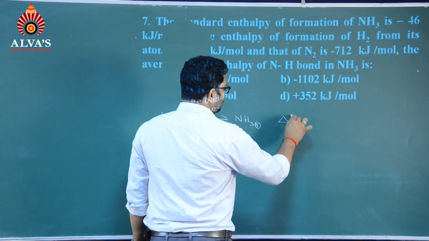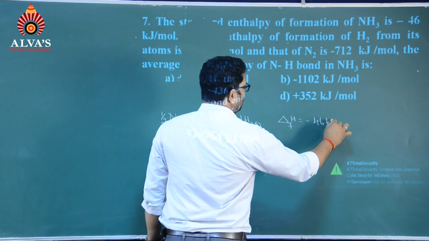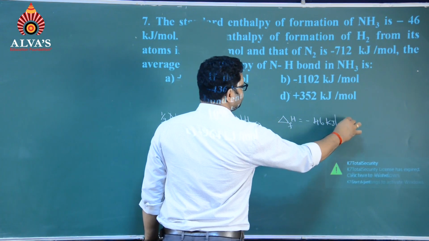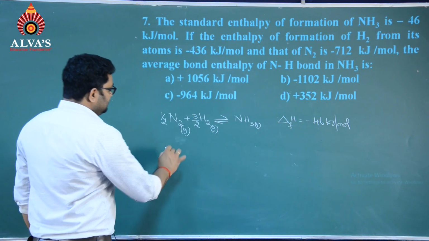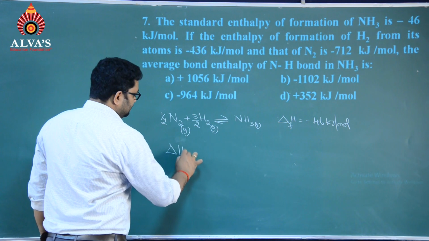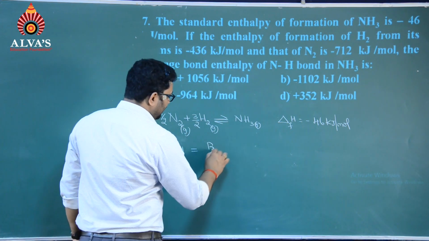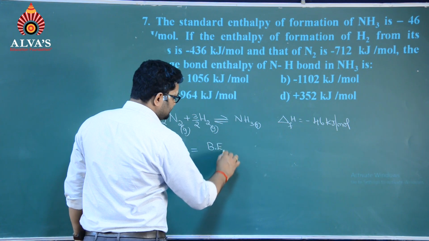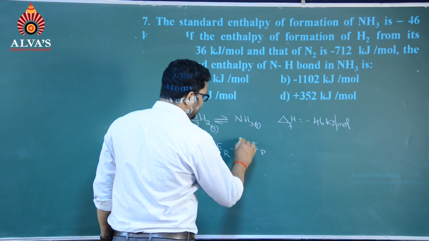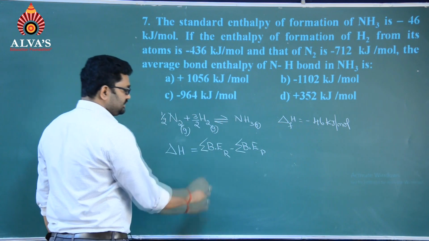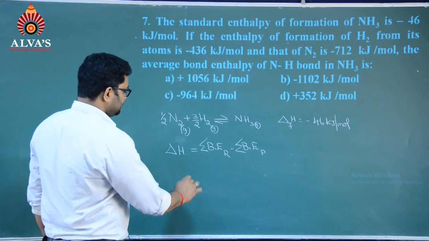Here the enthalpy of formation of ammonia is minus 46 kilojoule per mole. Now the enthalpy of the reaction is nothing but the bond energy of the reactants minus the bond energy of the products. You can take the summation of bond energy of the reactants and the summation of bond energy of the products.